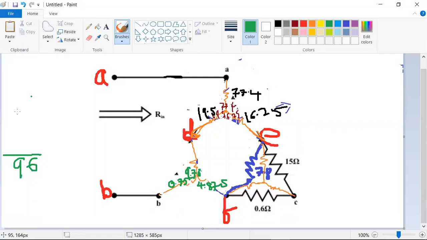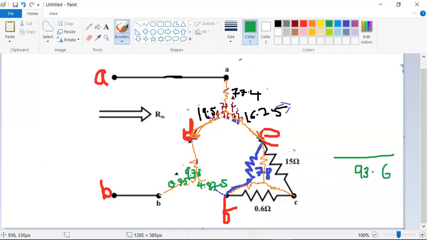Let me add this. 78 plus 15 plus 0.6. It will be 93.6.